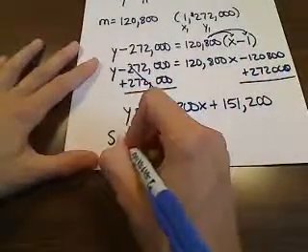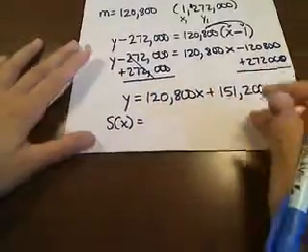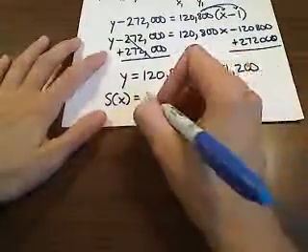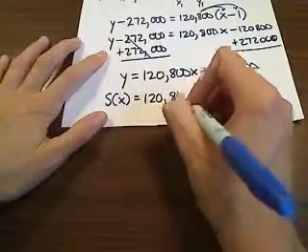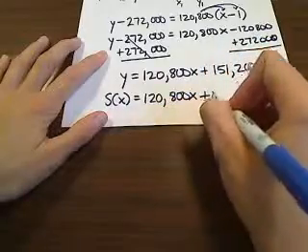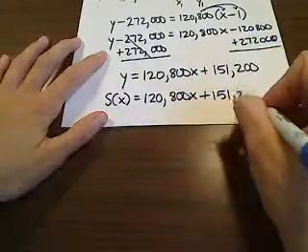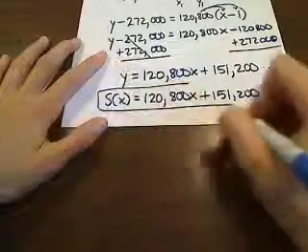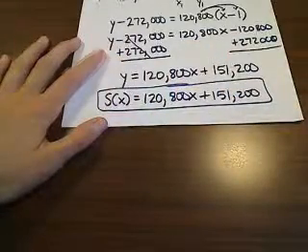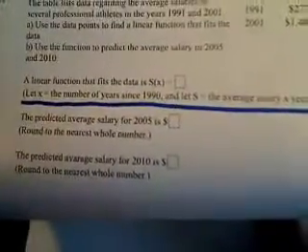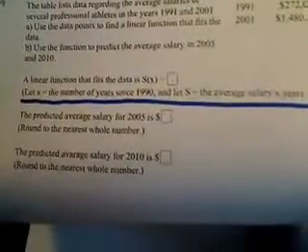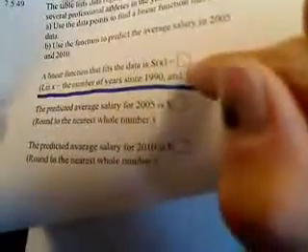Now, they did ask us to define this in terms of x and S of x. So our function would be this one right here. That's what they want in that first part of the problem, where they're saying a linear function that fits the data is. That's what they want in that box.